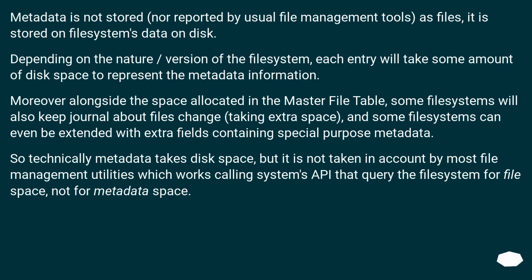Moreover, alongside the space allocated in the master file table, some file systems will also keep a journal about file changes, taking extra space, and some file systems can even be extended with extra fields containing special purpose metadata. So technically metadata takes disk space, but it is not taken into account by most file management utilities, which work by calling system APIs that query the file system for file space, not for metadata space.